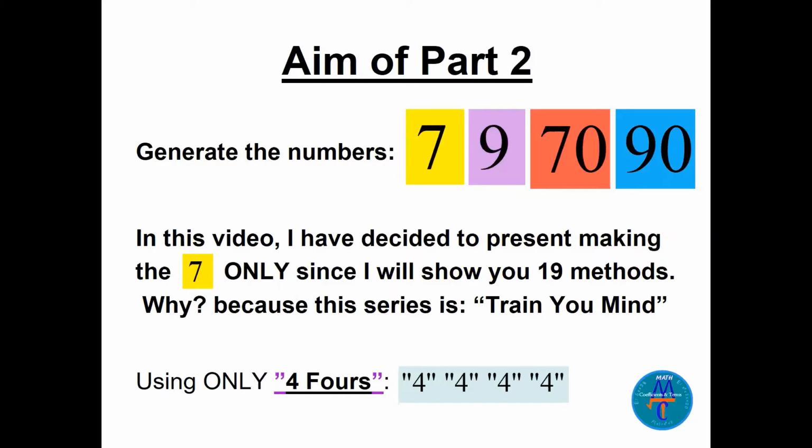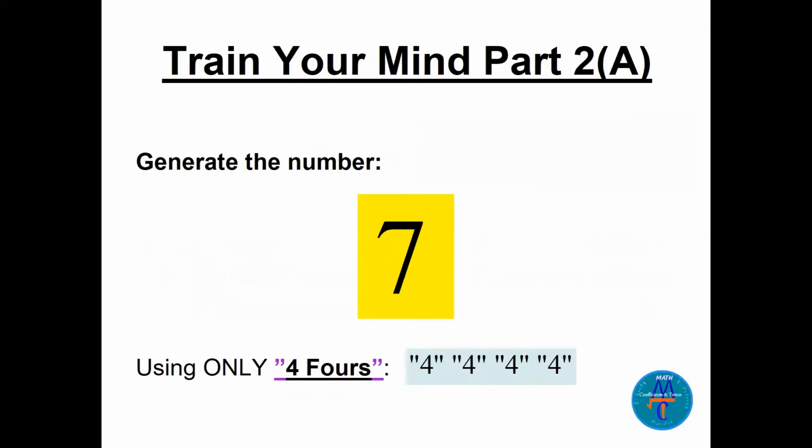And just to remind you that this series is to train your mind. So if you have free time, you want just to think and play with the numbers, 4 fours to make 7. So I will call this video Train Your Mind, Part 2A.